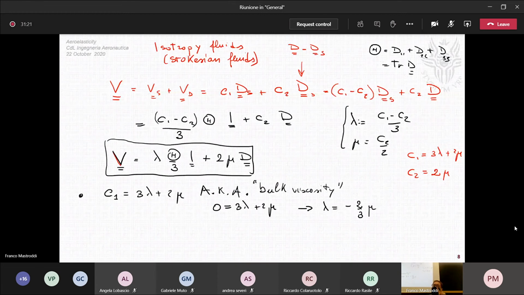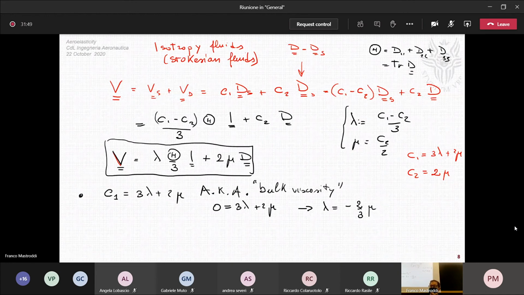Note that for the elasticity of the solid, you have an identical procedure for describing the isotropicity in terms of elastic solid, but in that case, you have both the characterizing parameters, one for the spheric part and the other one for the deviatoric.